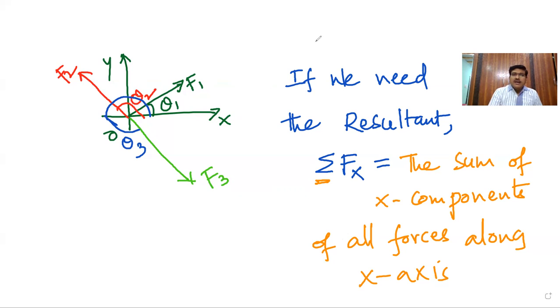Similarly, make the sum of all the vertical components. Sigma stands for sum. Fy stands for the vertical component.